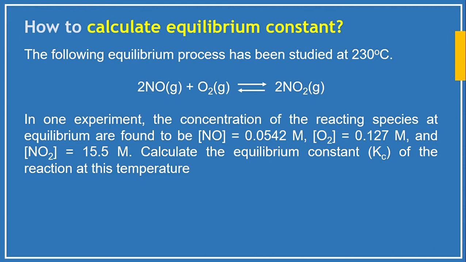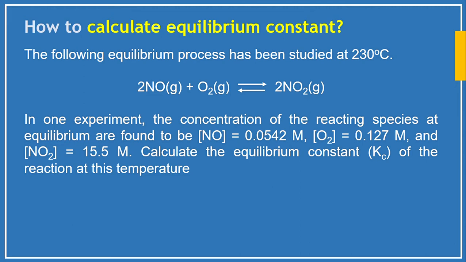So, first sample problem muna tayo. How do you calculate for the equilibrium constant? Okay? So, the following equilibrium process has been studied at 230 degrees Celsius. So, ito yung ating chemical equation.